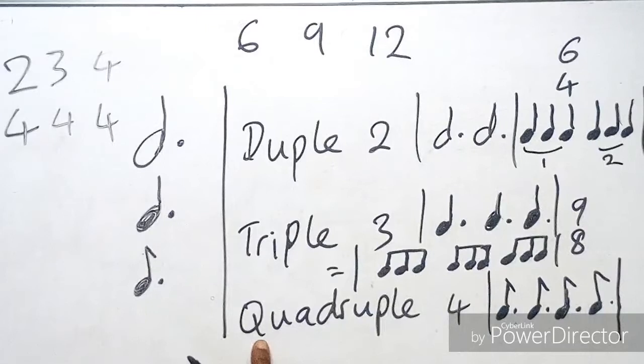Let's consider compound quadruple having to do with 4. In this case, we have 4 dotted quavers. We are going to break it down using the next lower note to a quaver, and that is a semiquaver. So 1 dotted quaver is equal to 3 semiquavers.